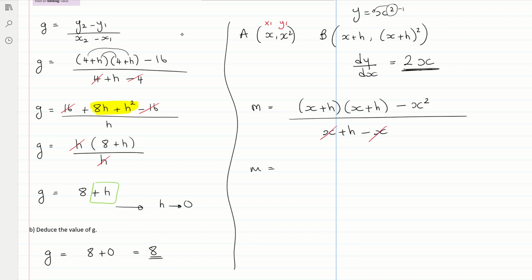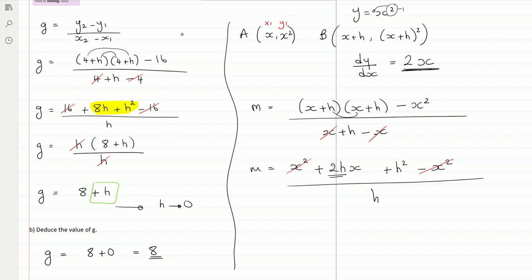The numerator is going to be x squared, plus h squared, and then x times h is xh or hx, so plus 2hx, and then minus x squared, over h. Again, x squared, take away x squared is gone.